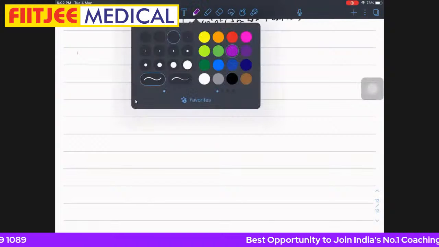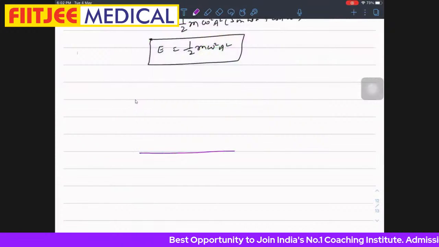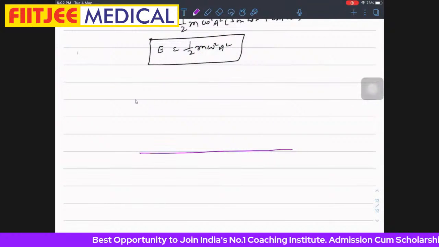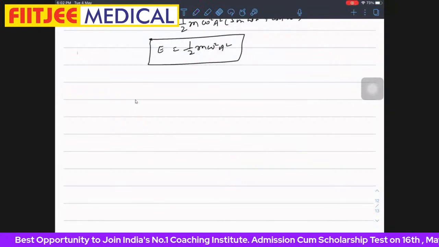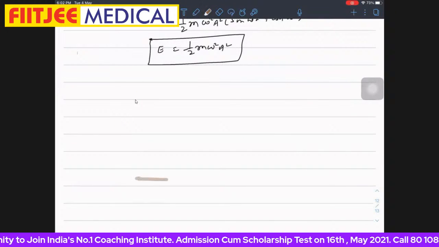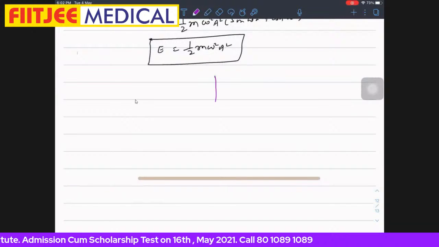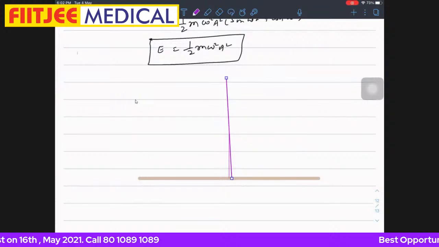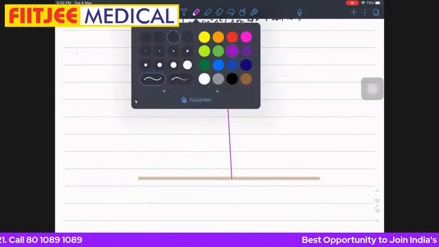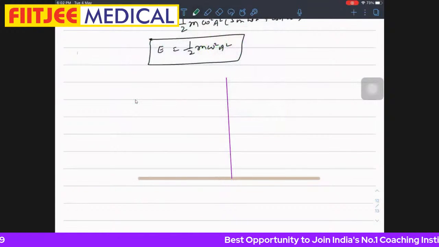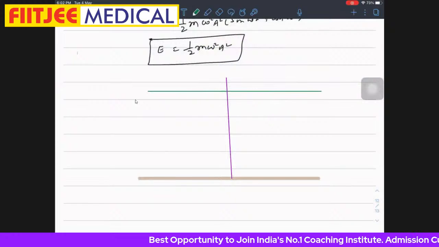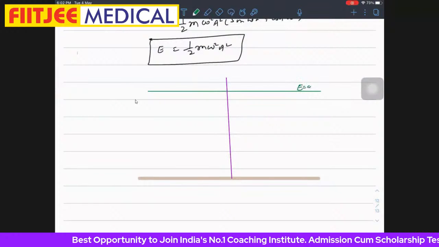See, if we draw the graph, these graphs have been asked a few times. So if I draw the graph, and if we see the total energy, E remains constant here.